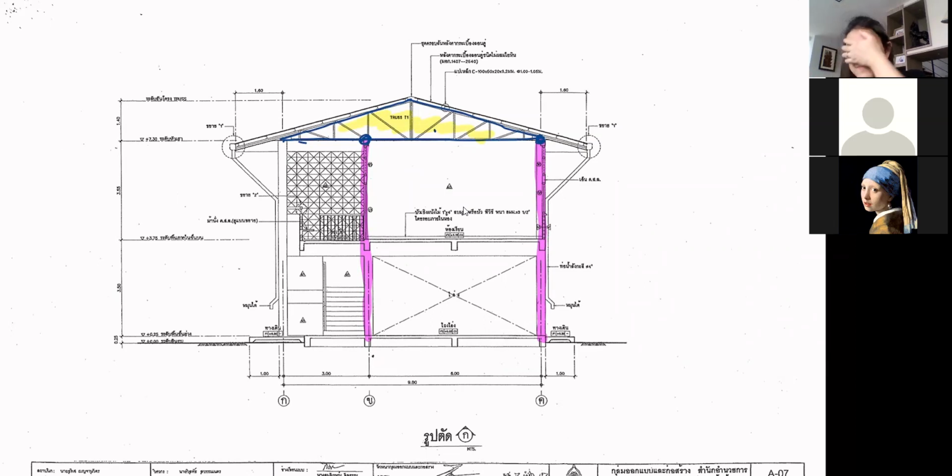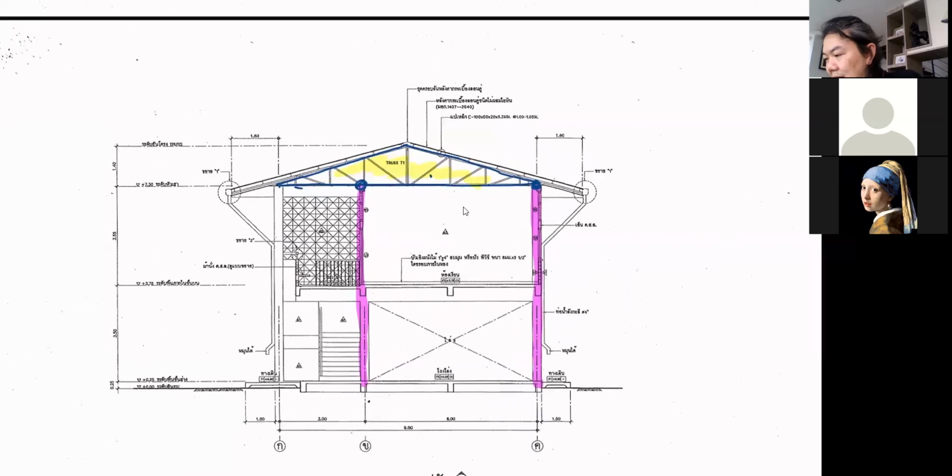So you are going to design the truss by looking at the dead load that the truss has to support, looking at the live load that the truss has to support. That's the general idea.